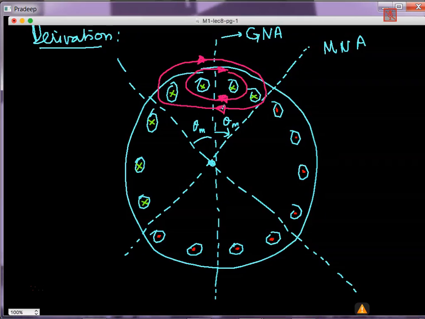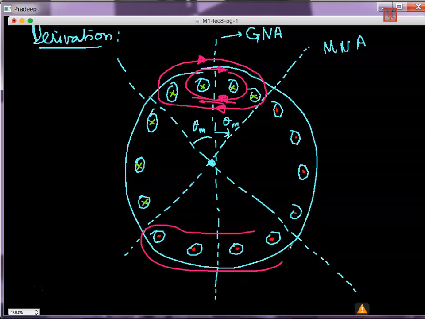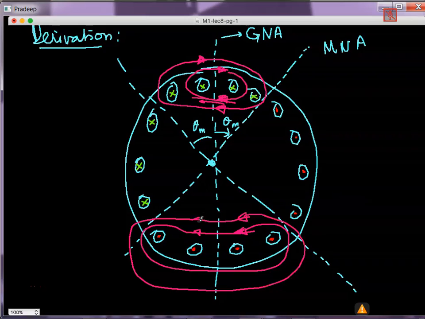Inside the core, the field direction is like this. Here also, if I draw, the field will be like this, anti-clockwise. So inside the core, the direction of the field is always from right to left. So this is nothing but the demagnetizing field.